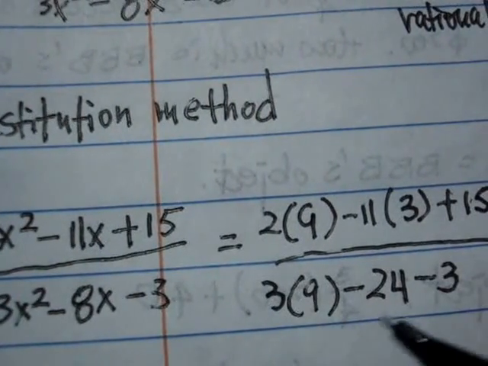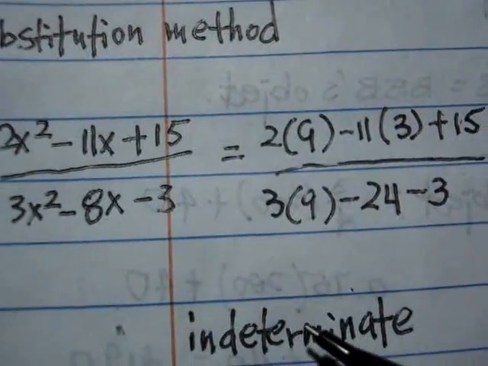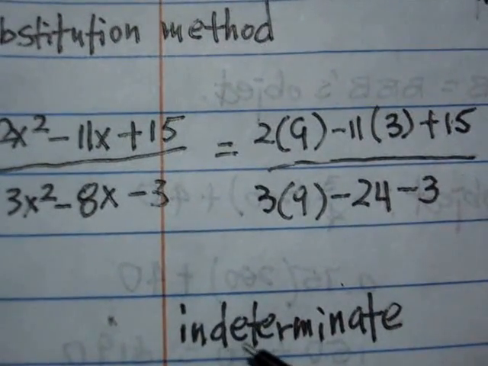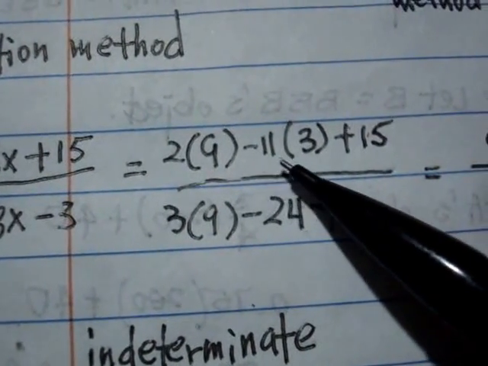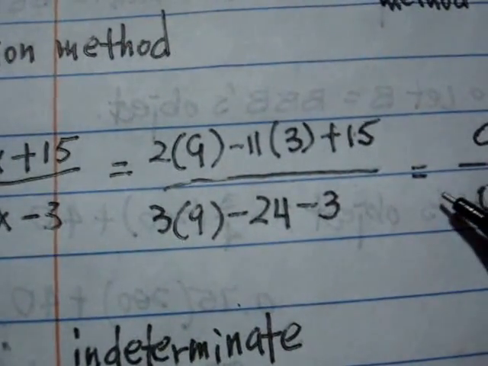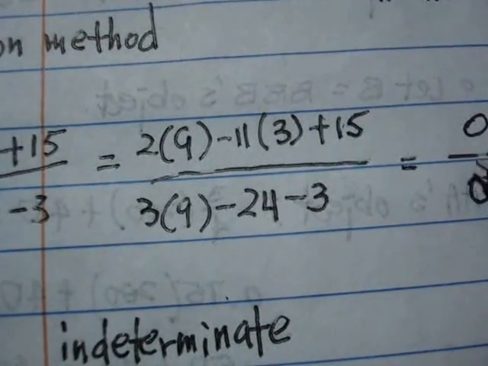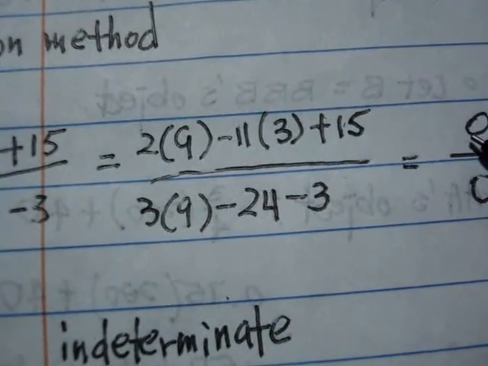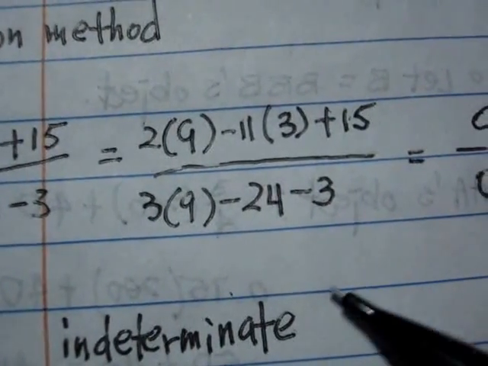When you solve this expression out, you will get an indeterminate, because the numerator will be 0 and the denominator will be 0. Every time you come across this result for the calculation, it's called indeterminate.